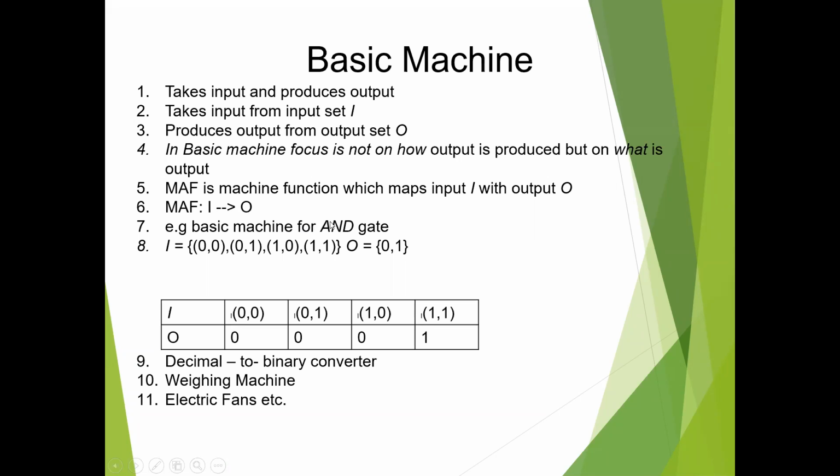So take the example of AND gate. Though it is there in front of you, you can think, for an AND gate, what type of input AND gate will accept, and what type of output the AND gate will produce after getting the particular input.